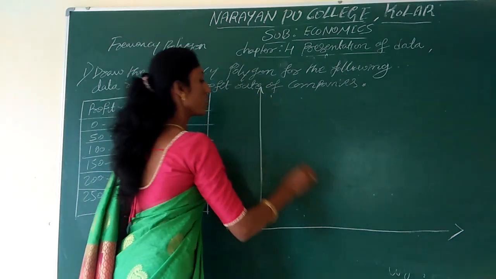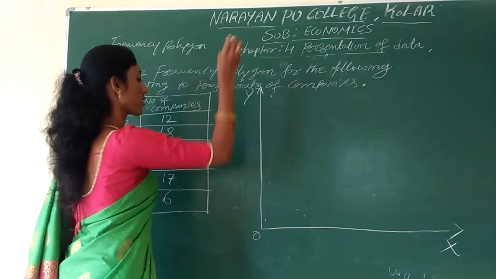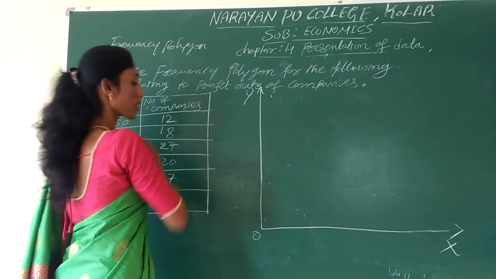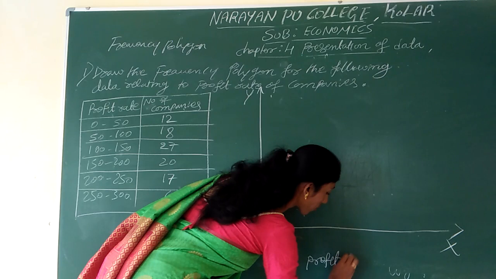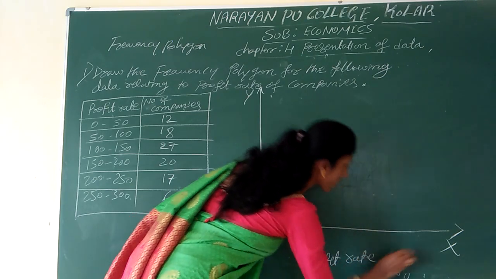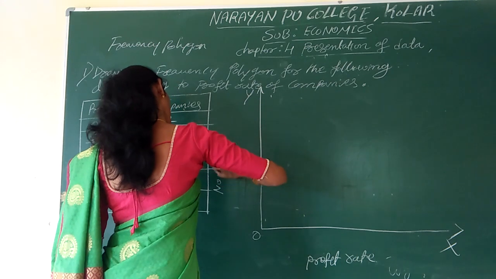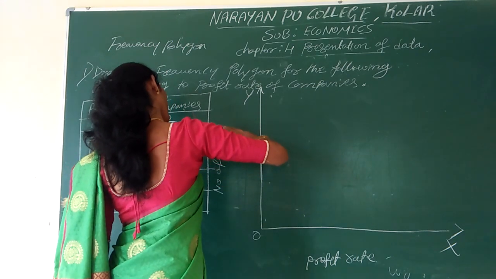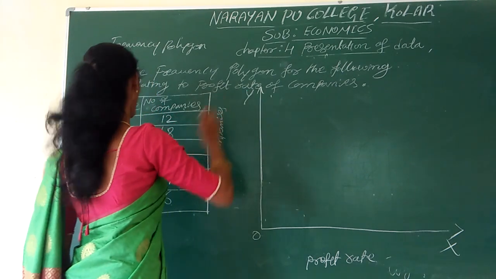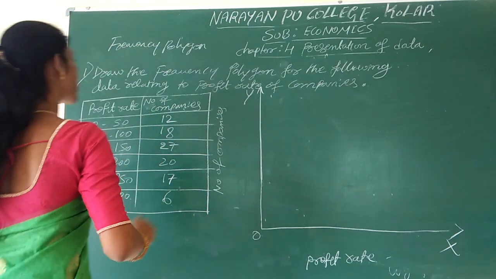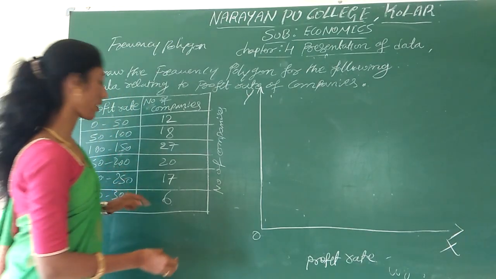Then this is the x-axis, 0, y-axis, and we are going to measure the profit rate on the x-axis and the number of companies on the y-axis. And here we have 0 to 50, right?